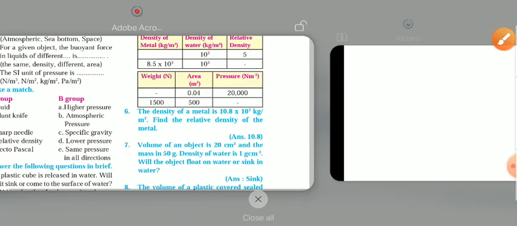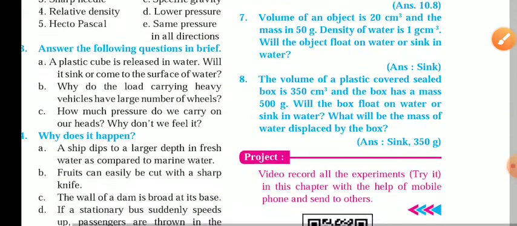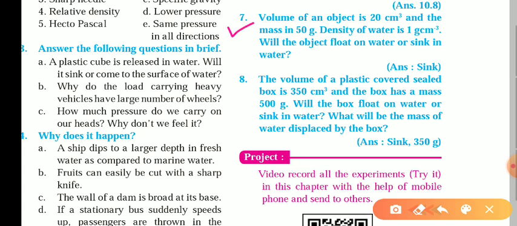Let's see the next question now. Question number 7. The volume of an object is 10 centimeter cube and the mass is 50 gram. Density of water is 1 gram per cubic centimeter.